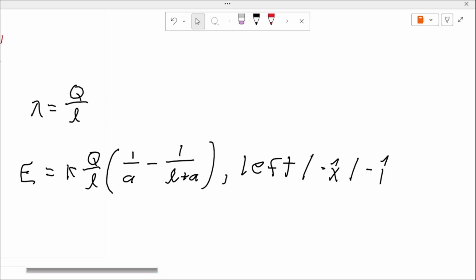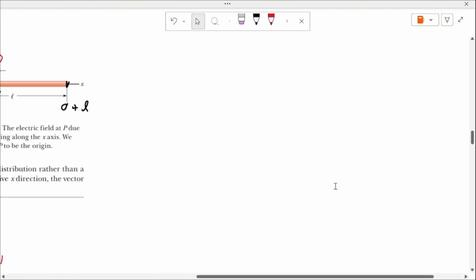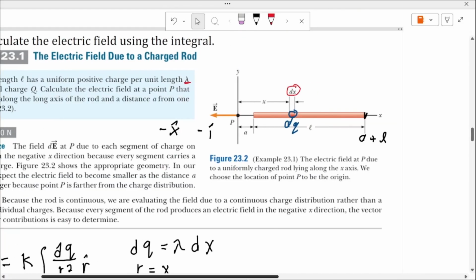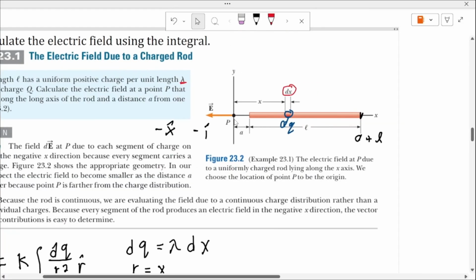So if a is much, much larger than L, then E is approximately kQ over a squared, which is the same as that of a point charge. So what does this mean? It means that if P is very, very far away from the rod, it's nearly indistinguishable from a point charge source.